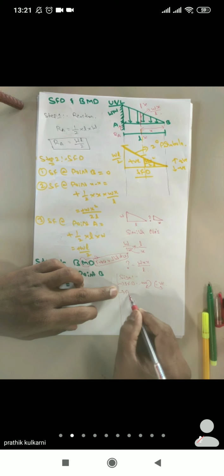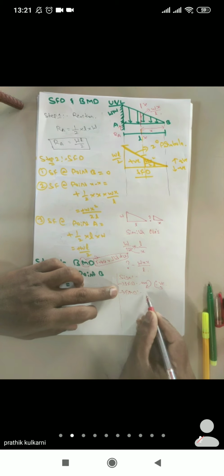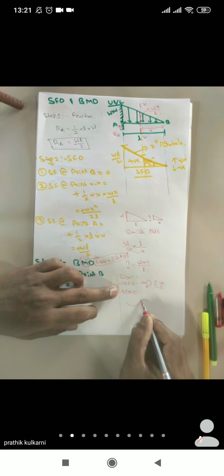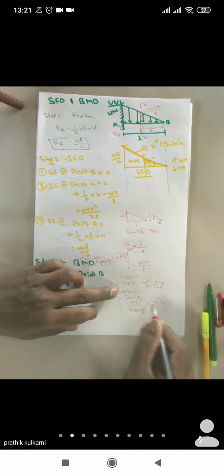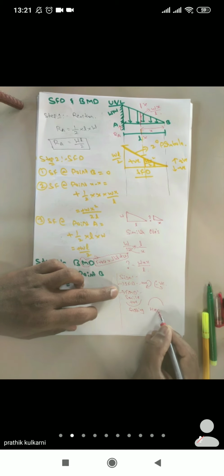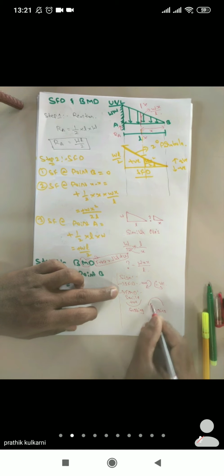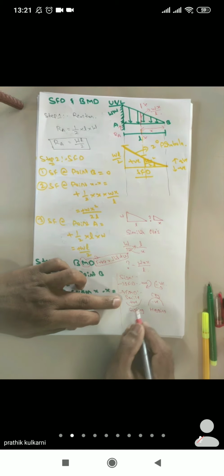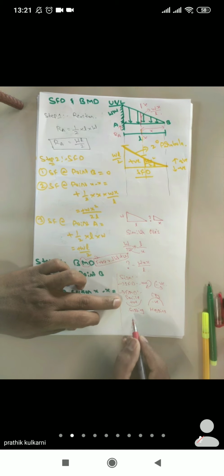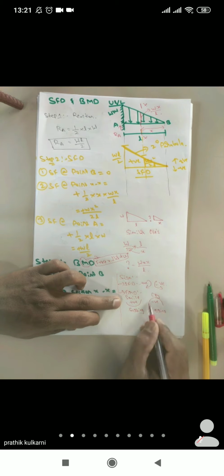Similarly, for the bending moment diagram, you have to see whether it is in this shape. This one we call sagging, we call it positive, or we write it as smile. The next one is hogging, negative, we'll call it cry. If it is bending in the shape of a smile, we take it as positive, technically called sag. If it is bending in the shape of a cry, we take it as negative or hogging.